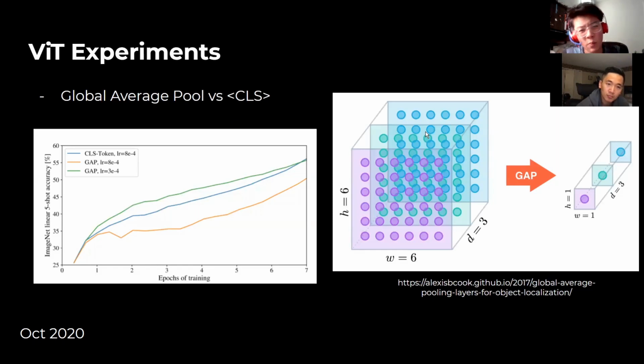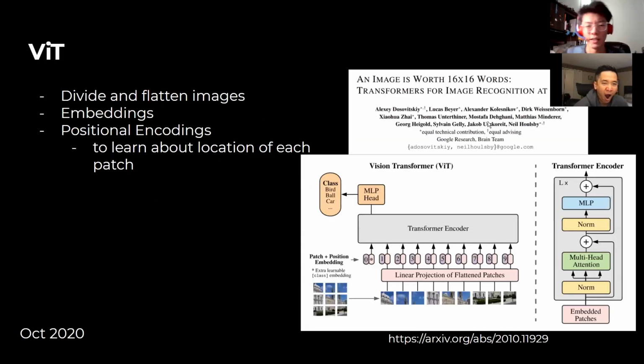And more experiments. So in the vision transformer, you would notice that the first position is not occupied by any patches. We call this the CLS tag, also class tag.